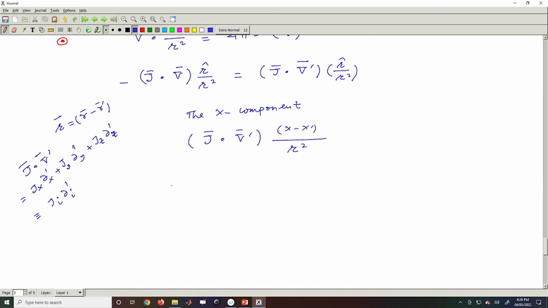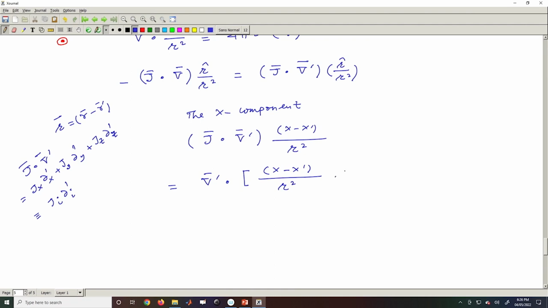So this operator is operating over x minus x prime over r square.